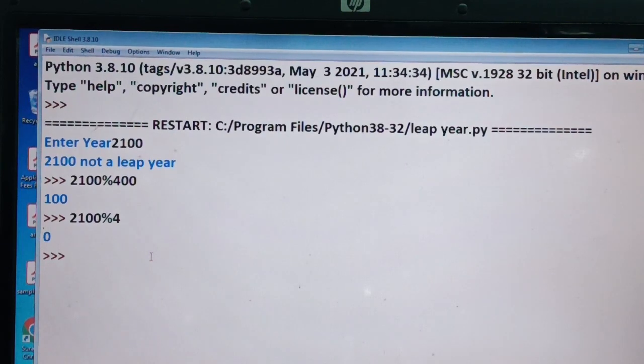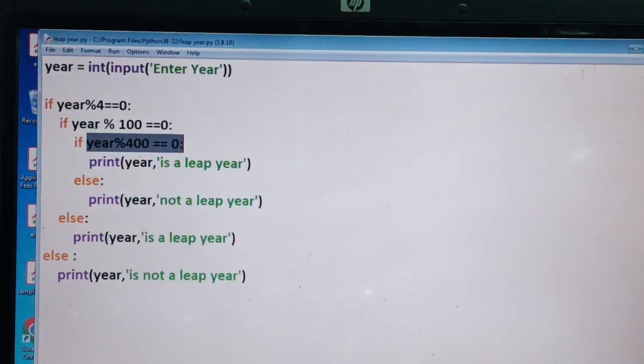But if we check the leap year only based on divisibility by 4, then that code is partially correct, not fully correct. For a fully correct code, we also need to write a check for the century year. I hope with this you have understood the leap year code and also the nested conditional statement.